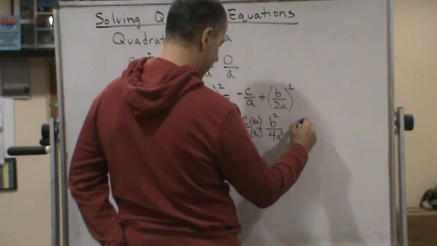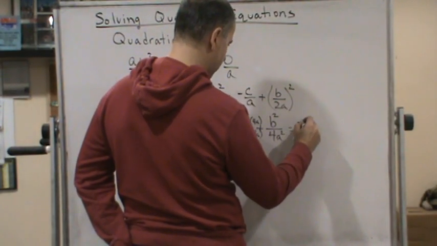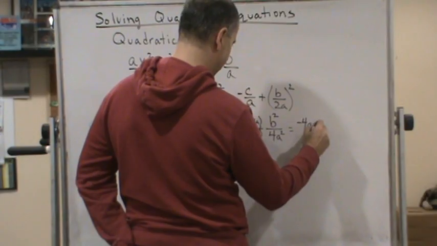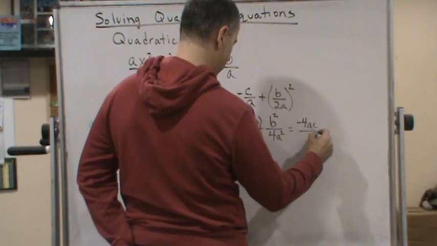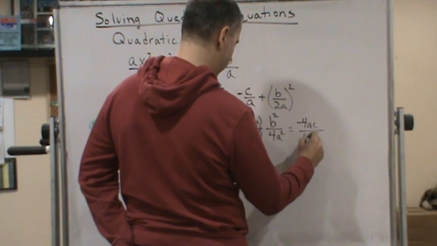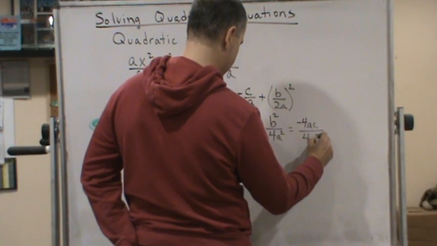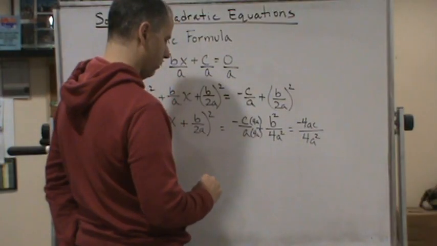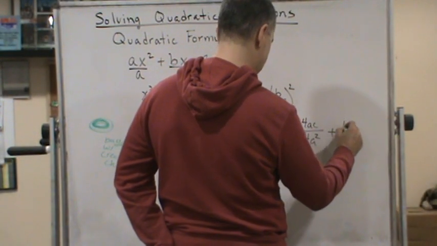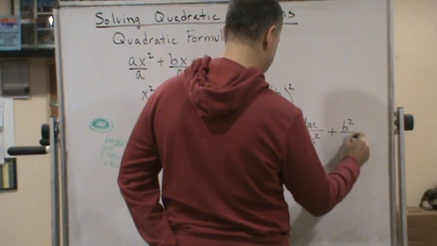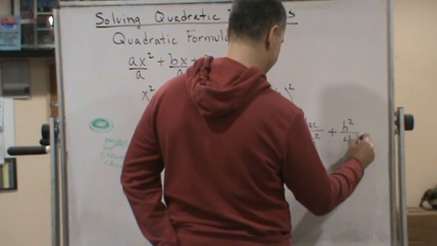That gives me minus 4a over 4a squared, right? Plus b squared over 4a squared.